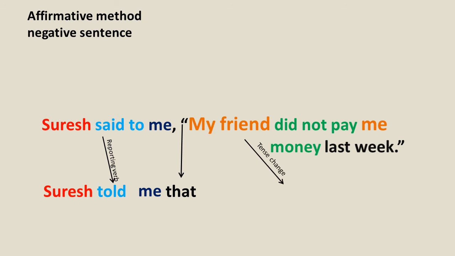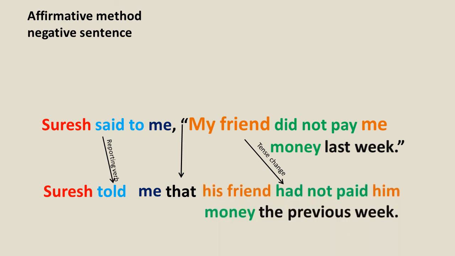And so finally let us see the third and fourth steps, that is tense change along with pronouns and adverbs. Here "my friend did not pay me money last week" becomes "his friend had not paid him money the previous week." So how is it changed?